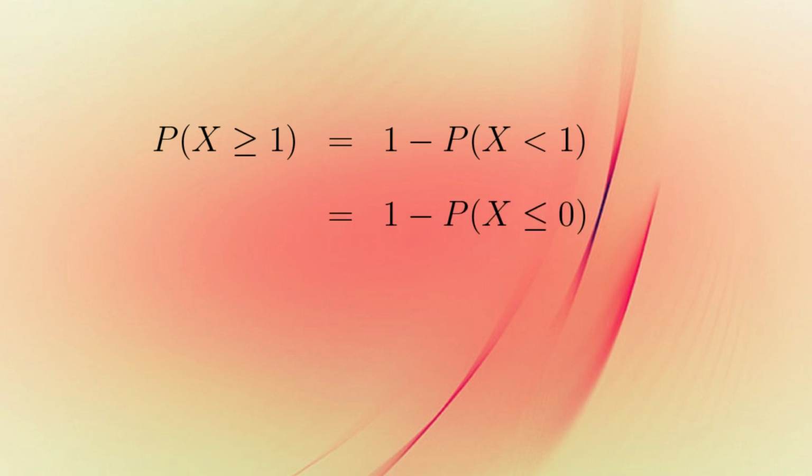Now, we shall compute the probability of X greater than or equal to 1, which is equal to 1 minus the probability of X less than 1, which is the probability of X less than or equal to 0, which is equal to 1 minus 1 by 4, which is equal to 3 by 4.